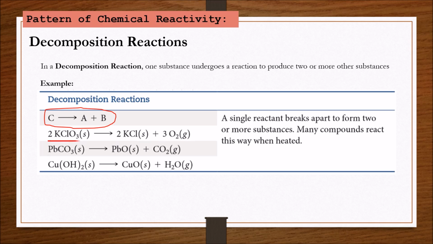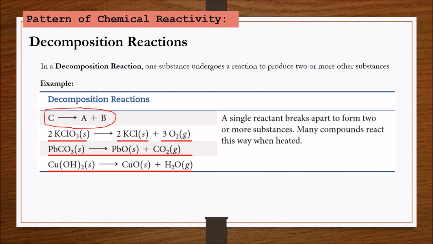The second example is the decomposition of potassium chlorate into KCl and O2, or the decomposition of PbCO3, which is lead carbonate, into PbO and carbon dioxide, and same with the last one.